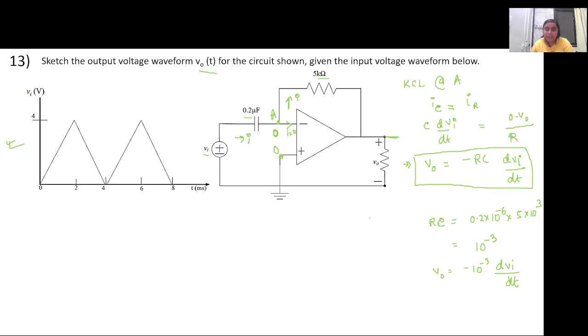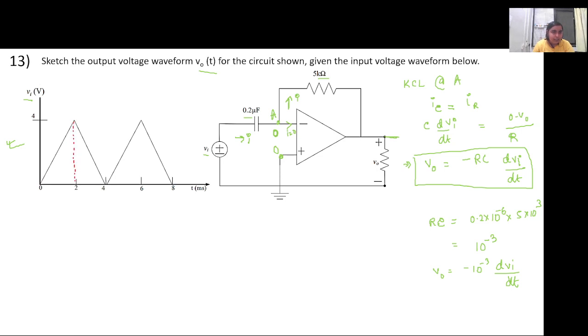Now we will have to calculate the conditions. So let us write Vi in equation form. This is the waveform that is given. If I am to write Vi in terms of t, in the form of an equation, what will it be? Let us do it part by part. It is a periodic waveform.